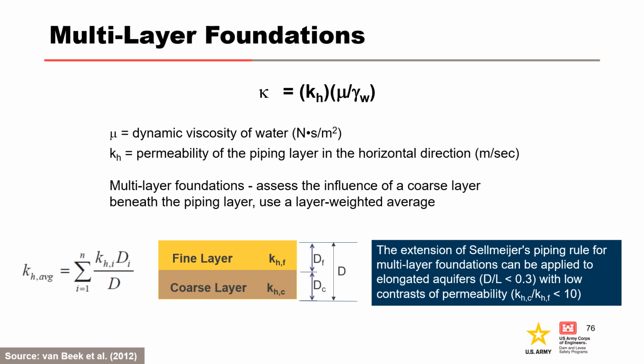Hence the extension of Sellmeier's piping rule for multi-layer foundations can be applied to elongated aquifers with D over L ratios less than 0.3 that have low contrasts of permeability. That is, the ratio of horizontal permeability for the coarse layer to the fine layer less than 10.